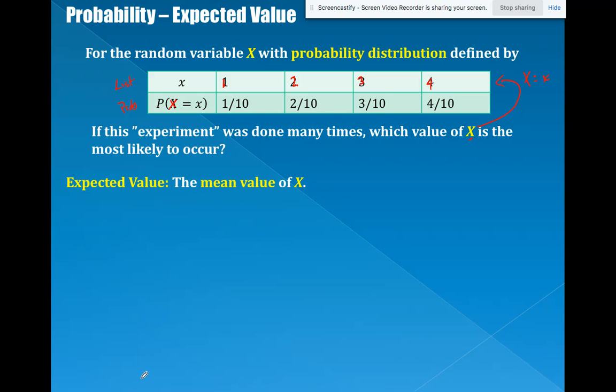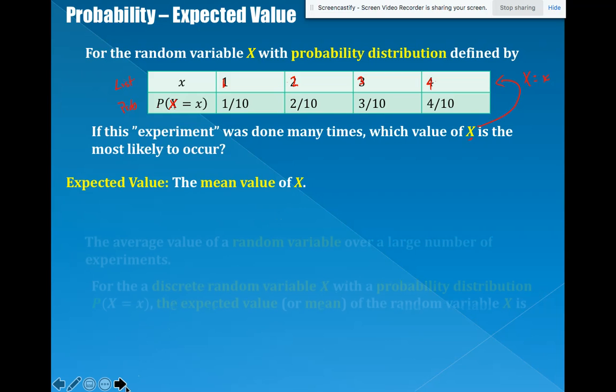What I just asked you was an expected value question. Think of expected value as the mean value, but not the mean of the probabilities. The mean of the random variable. So you can't just say 1, 2, 3, 4 divided by 4. What do you think this means?